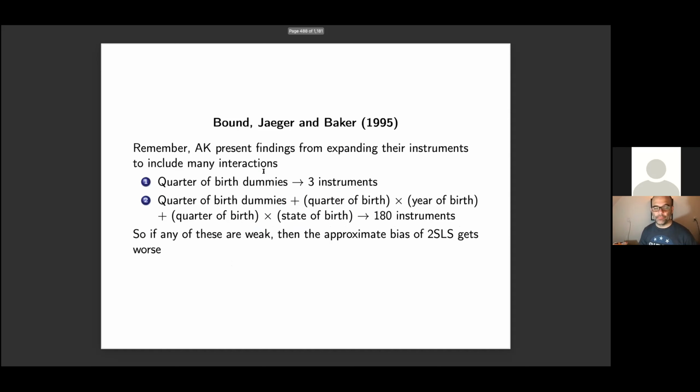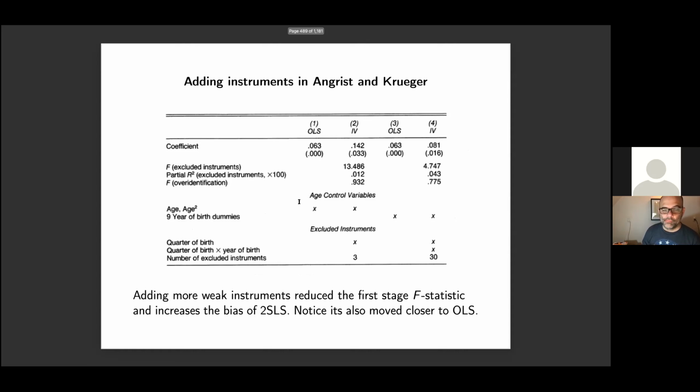So let's look at what they do. Remember, they had 180 instruments. If any of the 180 instruments are weak, the F falls, and the bias of two-stage least squares grows towards the bias of OLS, right? So the approximate bias gets worse. They're going to replicate the paper.